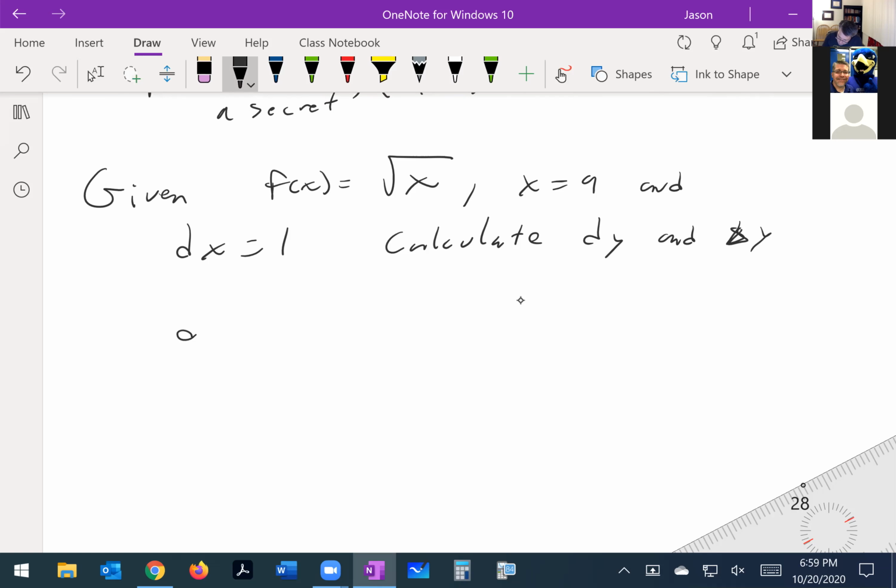Okay, so what's dy? dy is equal to f prime of x delta x. So what's delta x equal to in this case? Any ideas?